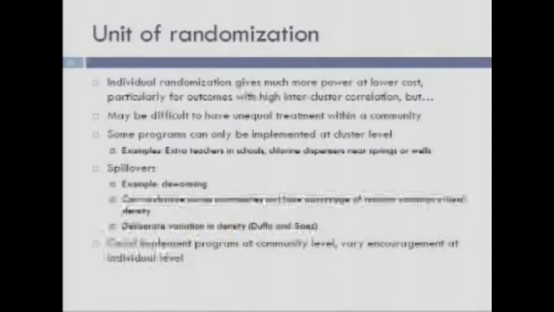Okay. So an important issue is what unit to randomize at. If you can get individual randomization, you're going to have a lot more power, particularly if there's high intra-cluster correlation. But it may be difficult to have unequal treatment within a community, and there are some things where you just can't do it.